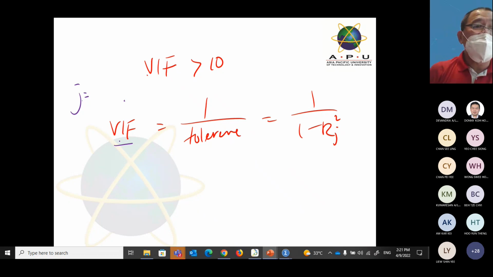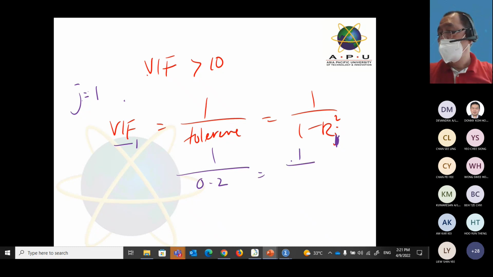Let's say for variable 1 the tolerance is 0.2. Therefore, what do you get? Not 5, it's 1.25.